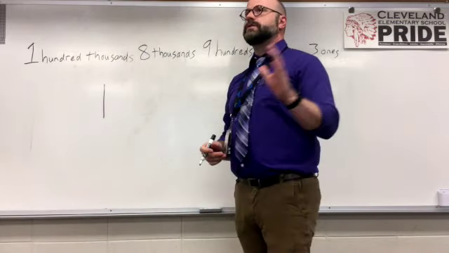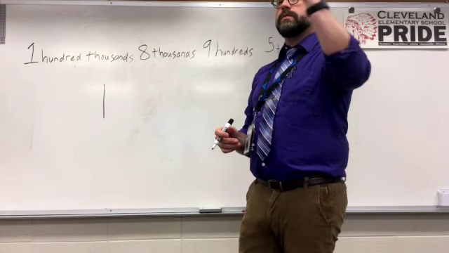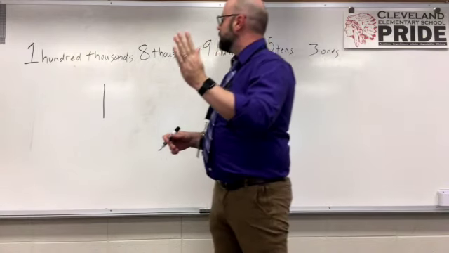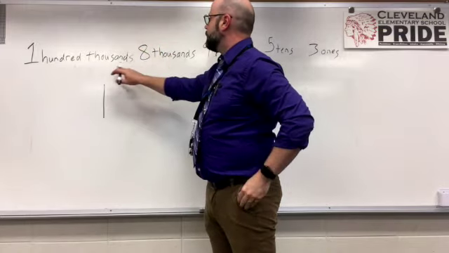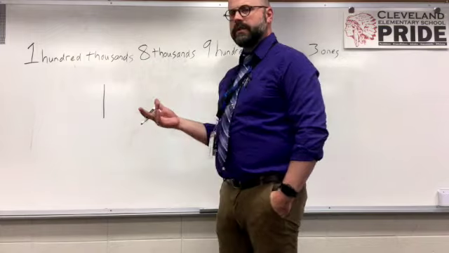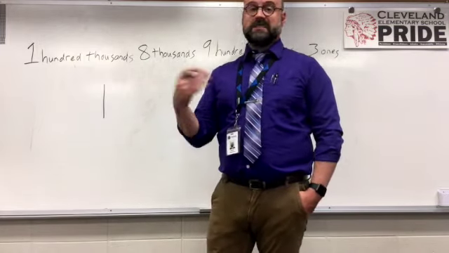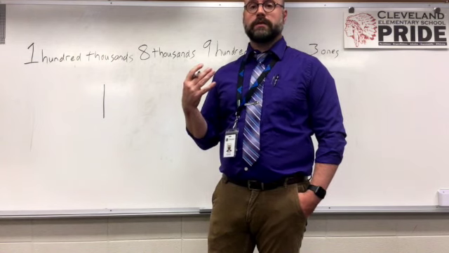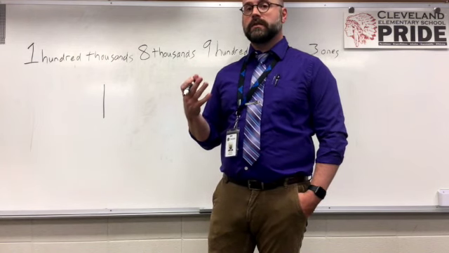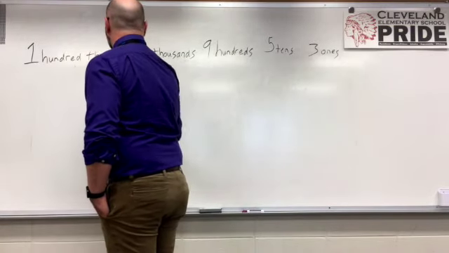We're in the 100,000 spot. We put a 1. Next would be our 10,000s. But we go from 100,000s to 8,000s. It doesn't say anything about 10,000s. What do we put there to indicate there's nothing there? What number indicates nothing again? 0. So you're going to put a 0 there.